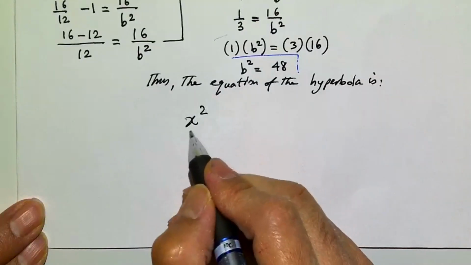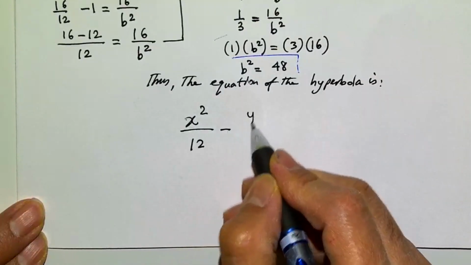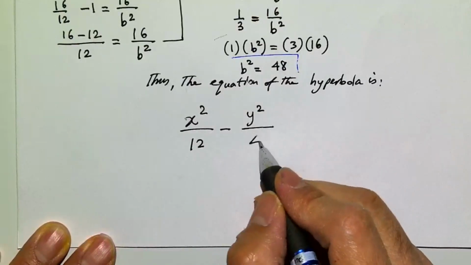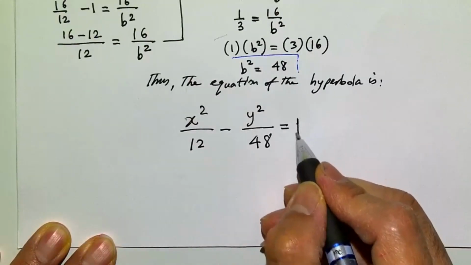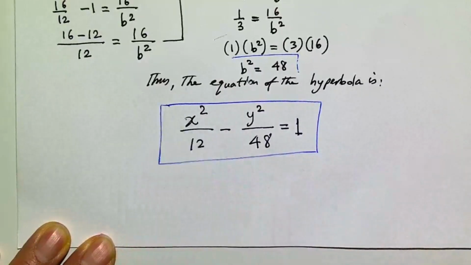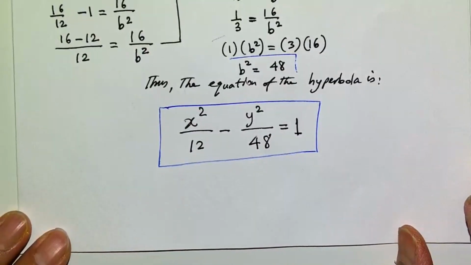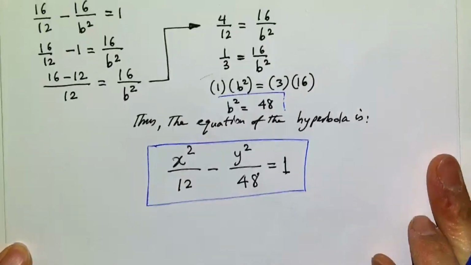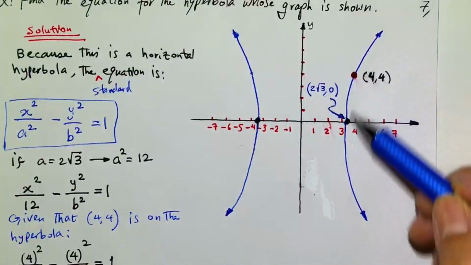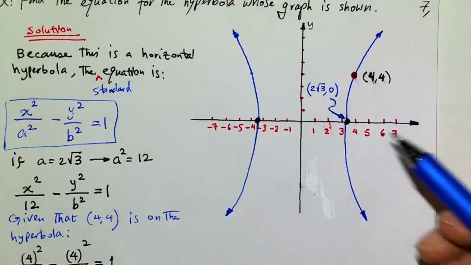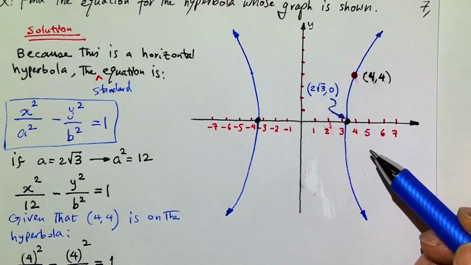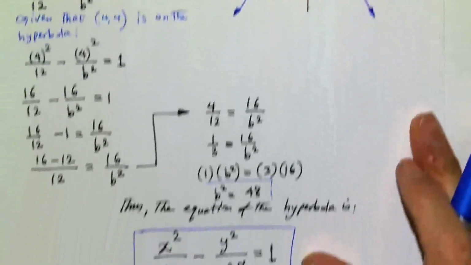So we have x squared over 12 minus y squared over 48, of course, equals 1. Okay, like that. So this point that we were given on the hyperbola was key, given the fact that we didn't have any information about the focal points, the C. Okay, so that's that.